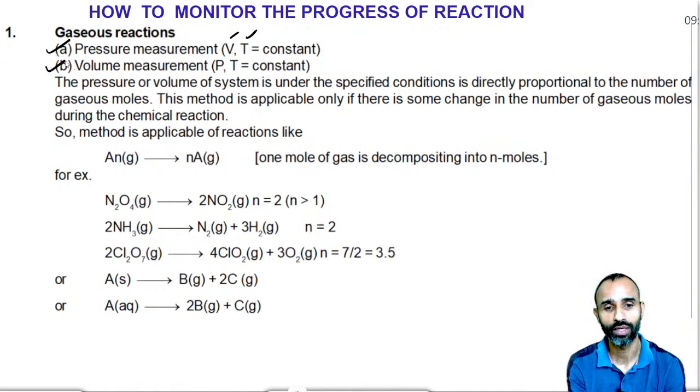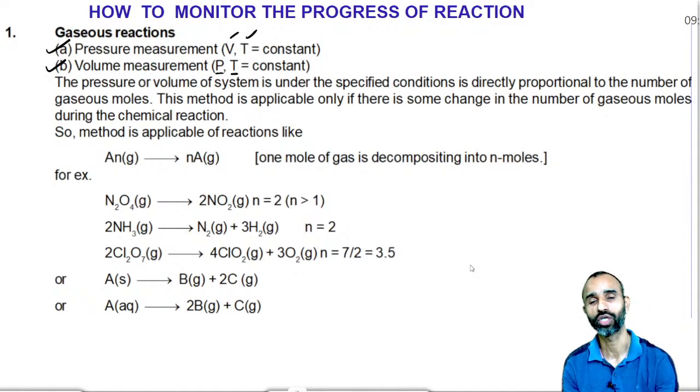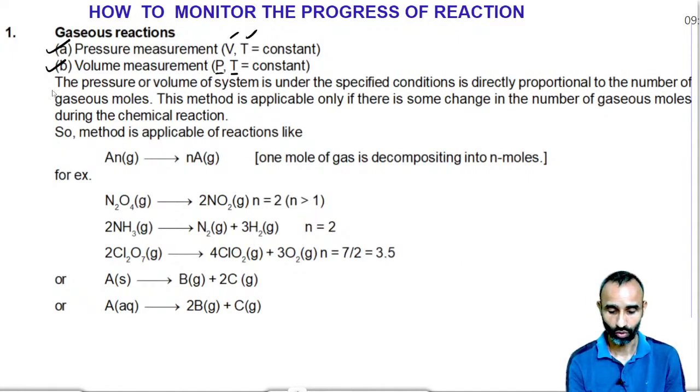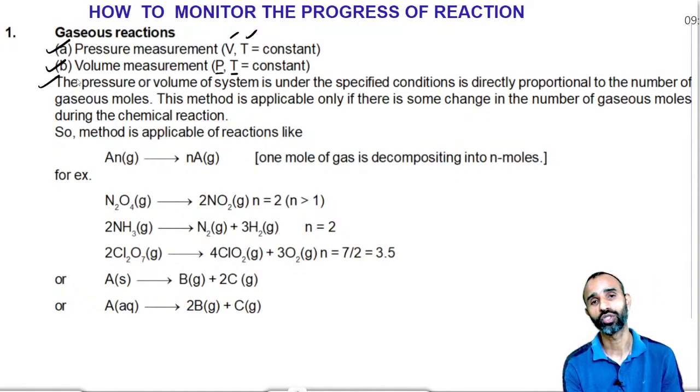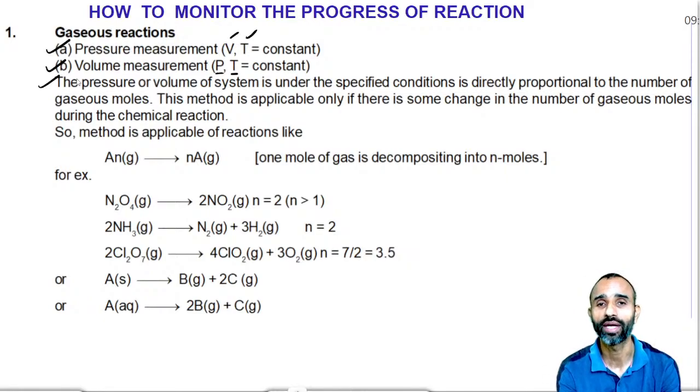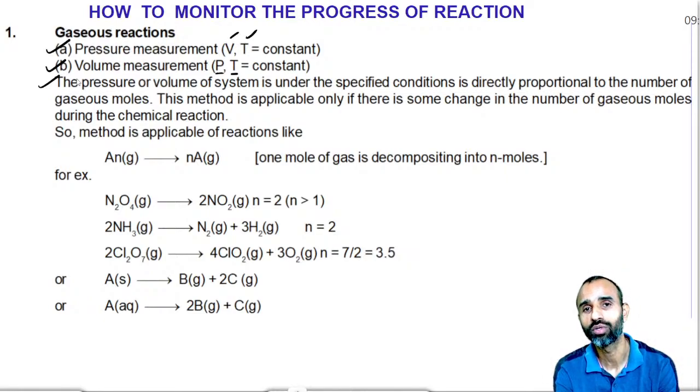If we use volume measurements, we keep pressure and temperature constant. And you know, pressure and volume are both directly proportional to the number of gaseous moles. Keep in mind, we take into account only gaseous moles, not the moles of liquid or solid.